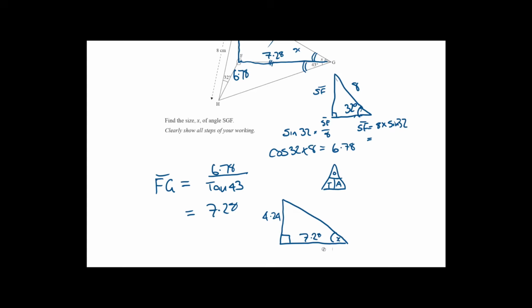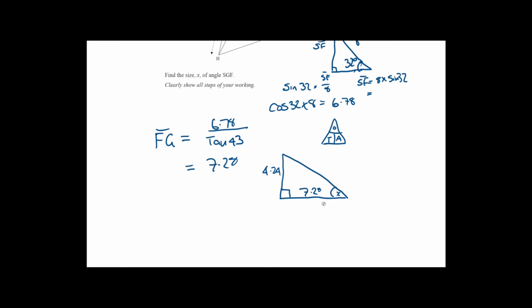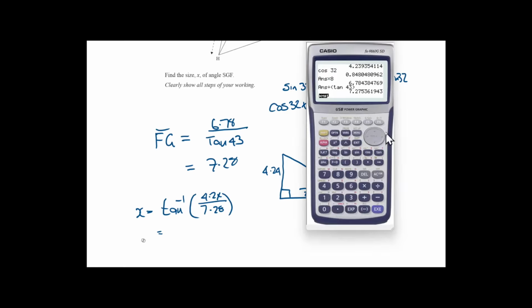So now we are going to need to use inverse. We've got opposite and adjacent, so we're going to need to use tan inverse. So x is going to be equal to tan inverse of opposite over adjacent, 4.24 divided by 7.28, and it's going to give us our final answer.